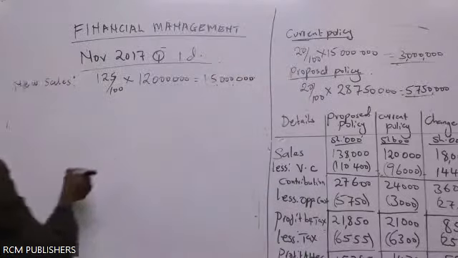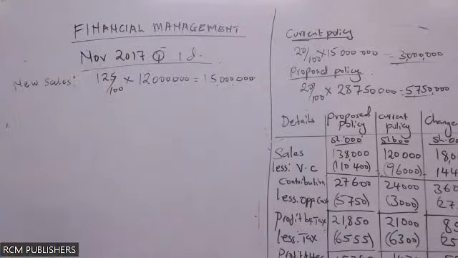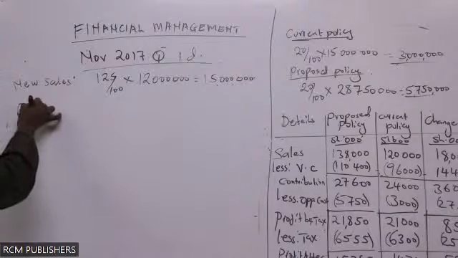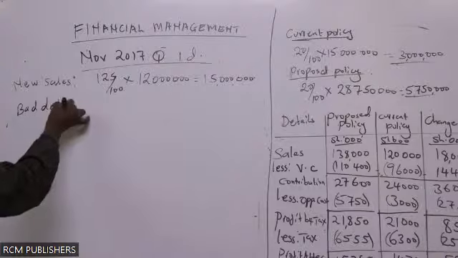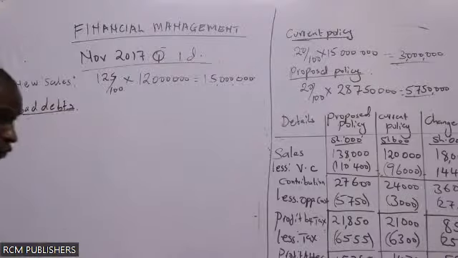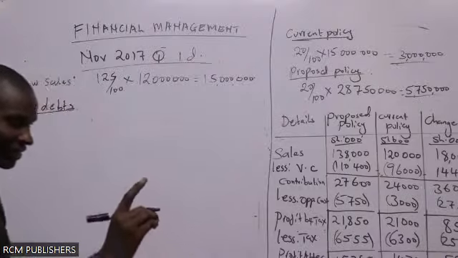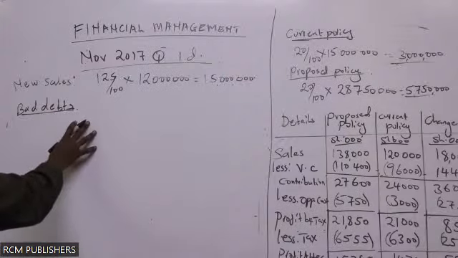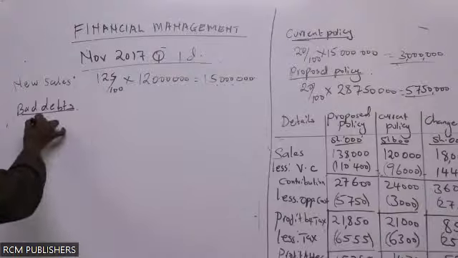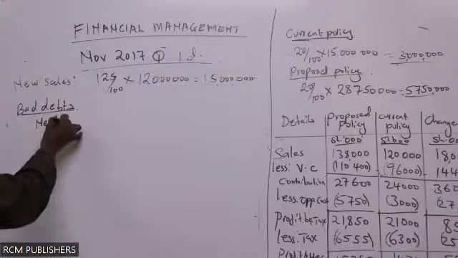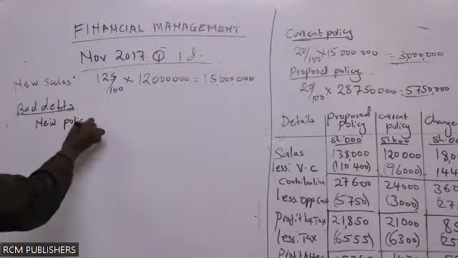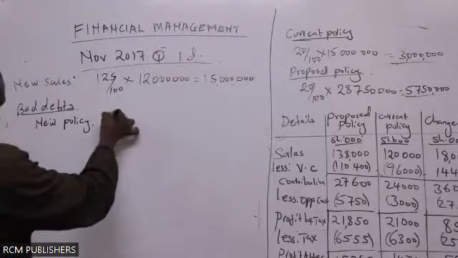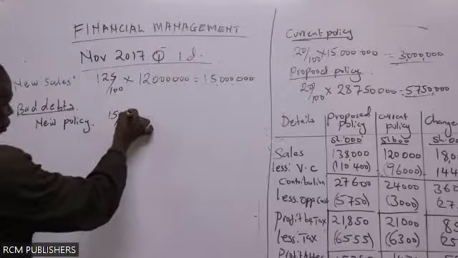Let's see. We were told of the bad debts. So the bad debts. See, bad debts change from 10 to 15, right? Therefore, if it was 10, under the new policy, bad debt increased to 15% of sales.